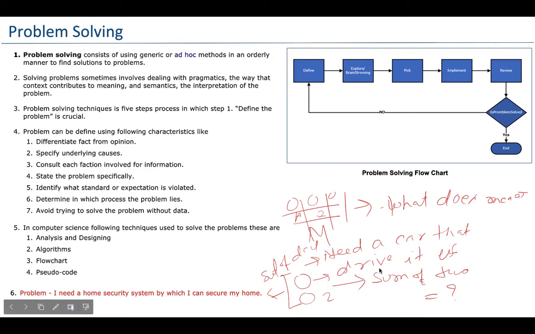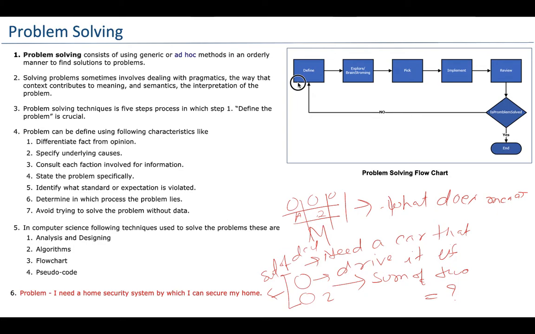So while solving the problem, if you have a solution, you must validate it against the data. Here you can see there are well-defined processes involved in solving the problem.